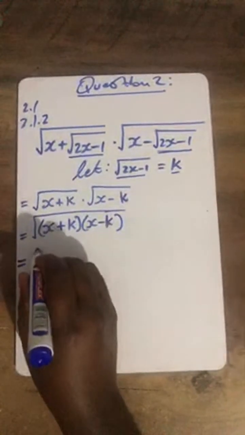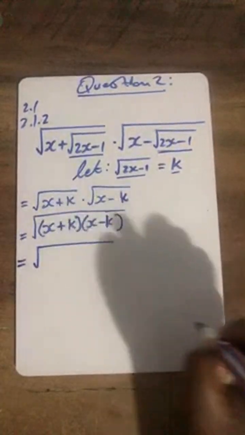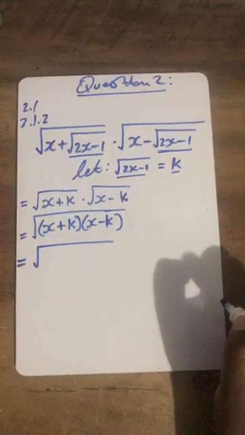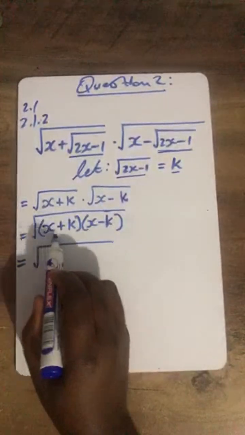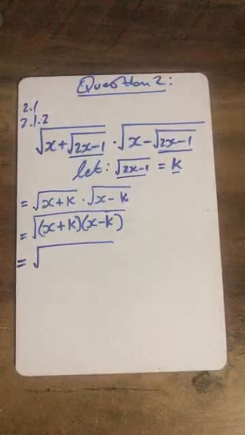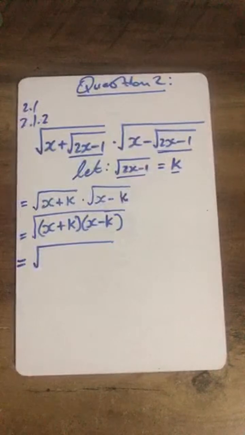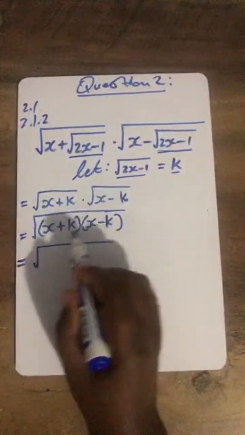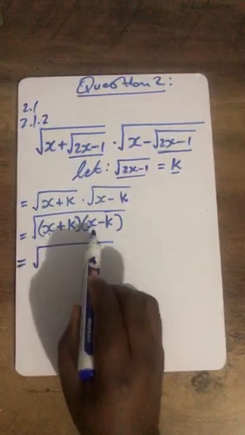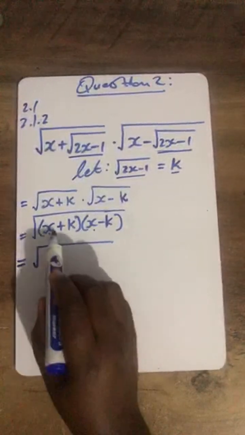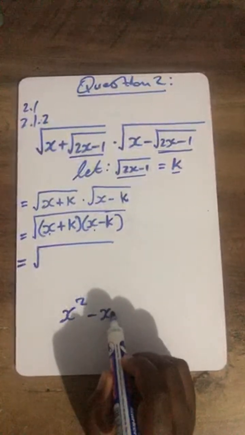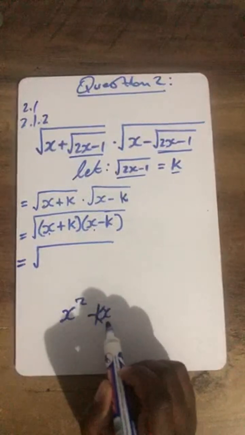I'm just not so sure if you guys would agree with me in saying this thing inside the brackets, if you work it out as that by that, that by that, let's do it. That times that will give us x squared. That times that will give us negative kx.